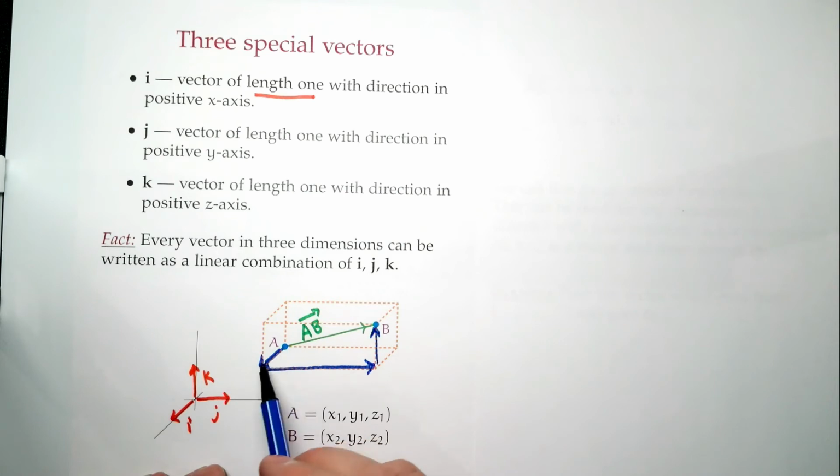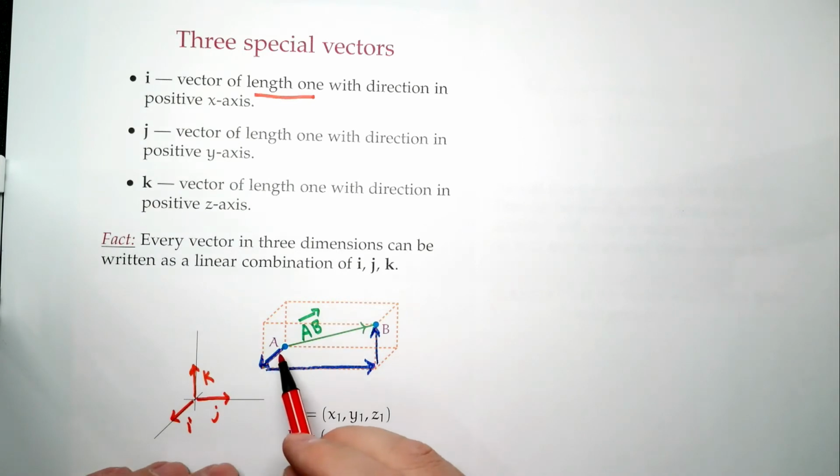Let's think about the first vector. What direction is it pointing? It's pointing in the x direction. In fact, you'll see it's parallel to i. If it's parallel to the vector i, that means it's a multiple of i. Now we just have to figure out what multiple it is. How much did my x change?